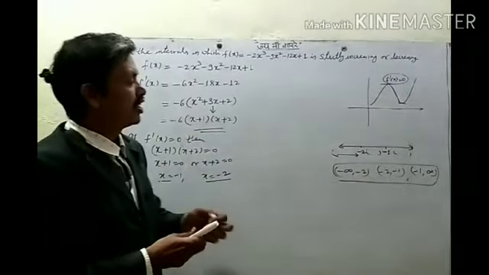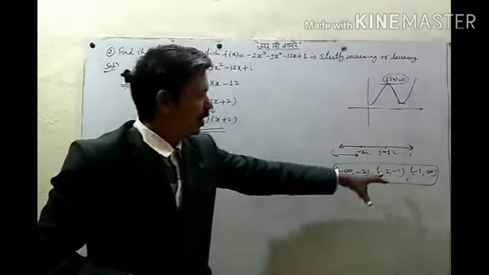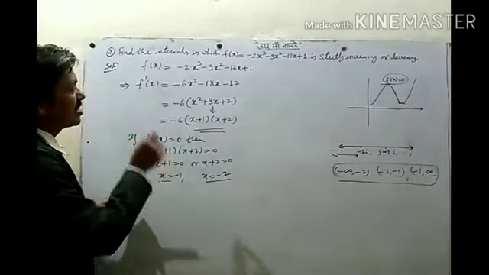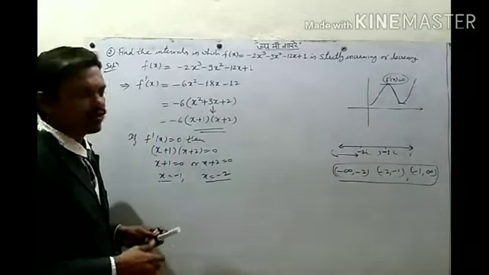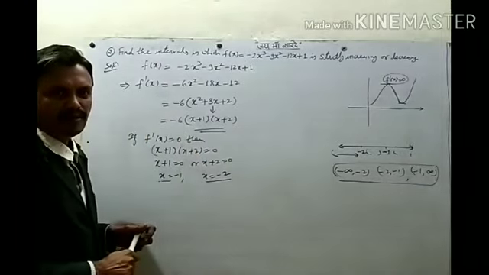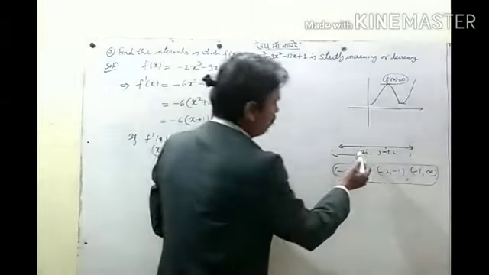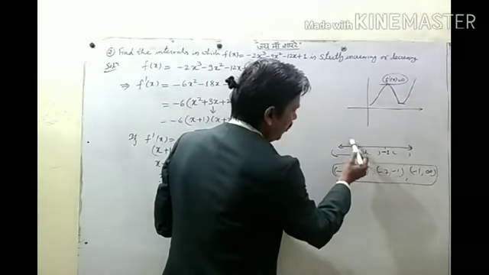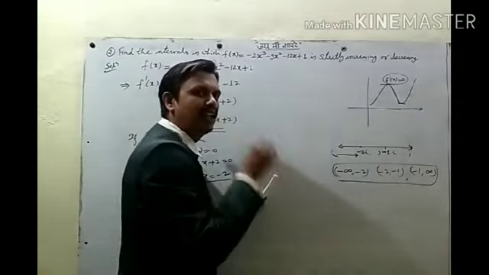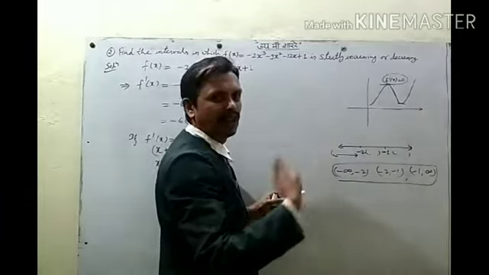So in each interval, whether the function is increasing or decreasing, that we will find. For that we will see the sign of this derivative. In this interval, what will be the sign of f dash of x? Simple way: in this interval, take any one point less than minus 2, say minus 3, minus 4, minus 5, any point can be there.